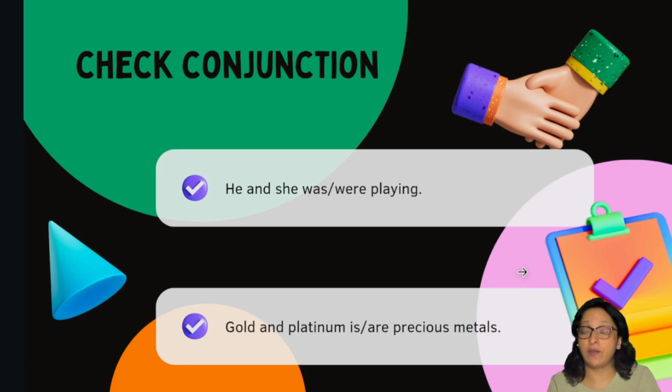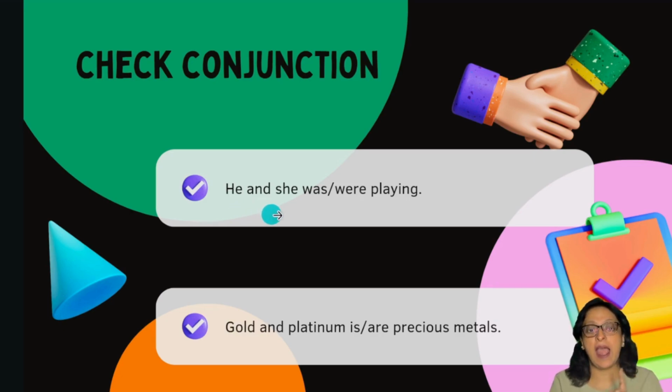Now we know that we have to check the subject first. So what is the subject in the first sentence? Do we have one subject or do we have two subjects? Clearly, we have two subjects, he and she. We are talking about two people, he and she. So there is a conjunction here. Just remember, we spoke about it. We need to check the conjunctions also.